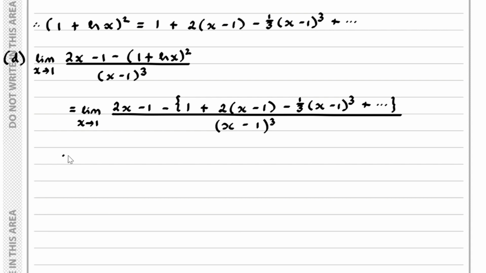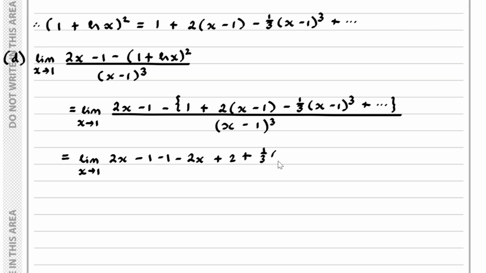So we've got the limit as x tends towards 1 of 2x minus 1, and then here we've got a minus another 1, and then if I expand this bracket, we've got minus 2x plus 2, and the reason we've got plus 2 is because we've got 2 times by minus 1 times by another 1, so that's going to be 2, and then minus and a minus give a plus.